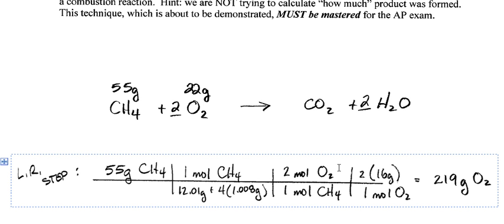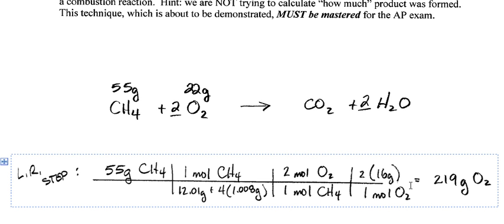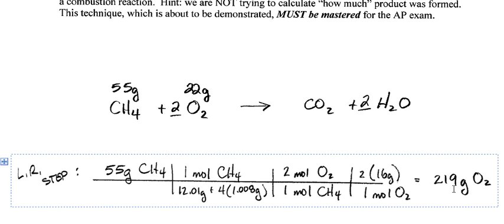I can't figure out how many moles I have, but I can definitely find out how many grams I would need for this complete combustion reaction. Once I do all the calculation here, I find out that I would need 219 grams of oxygen.